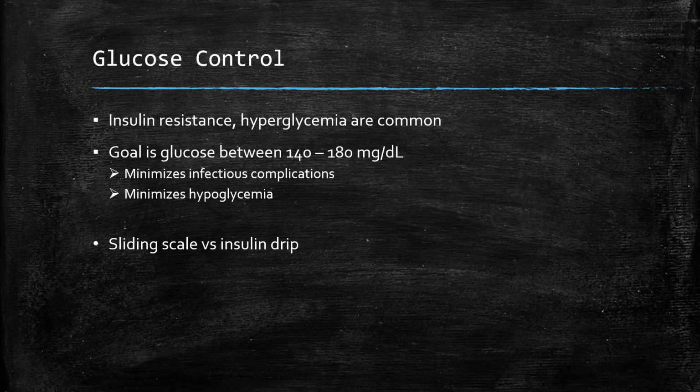How best to manage the insulin is unclear. Patients who have diabetic ketoacidosis are often started on an insulin drip. As the glucose comes down to more normal levels, then they can be switched over to a more traditional insulin sliding scale.